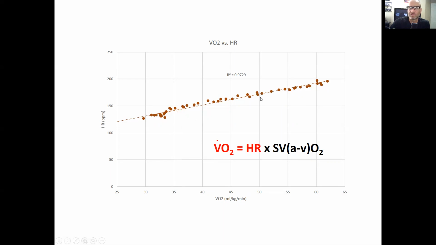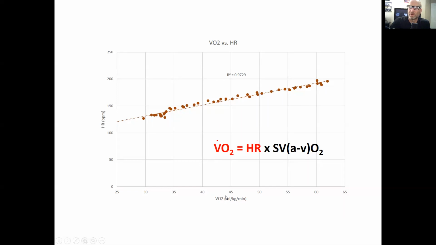That looks really like a straight line. In fact, that correlation is 0.9729, and this is for one subject, the same subject of the previous data set. That means that if heart rate changes, VO2 changes. If heart rate increases by a certain amount, VO2 is going to change by a certain amount.